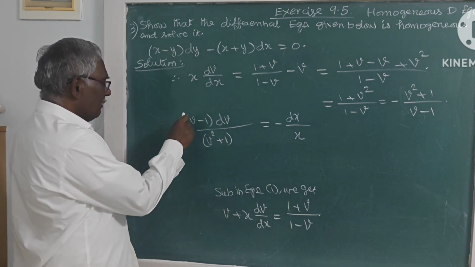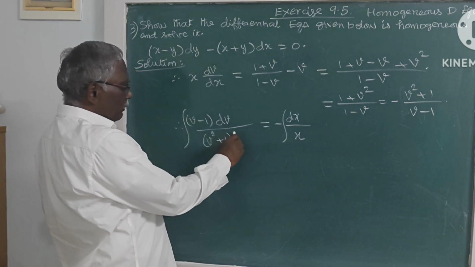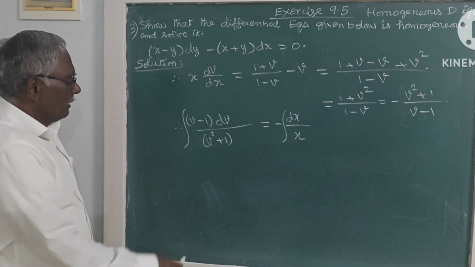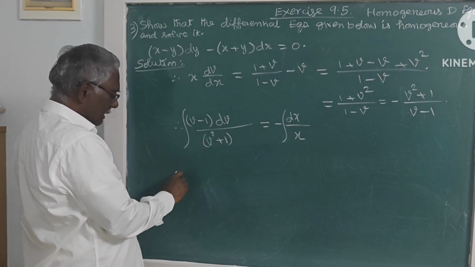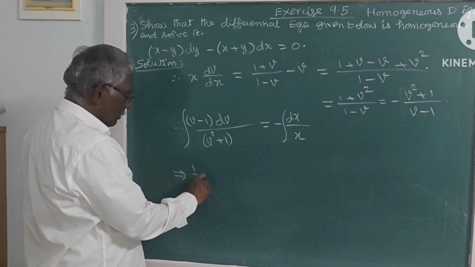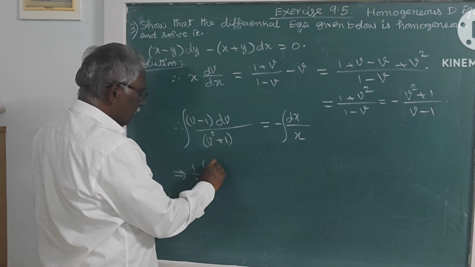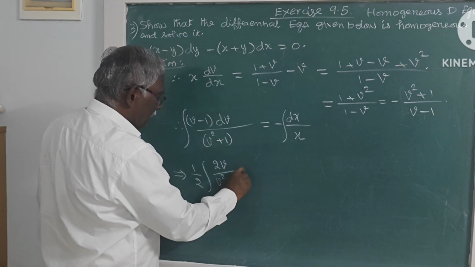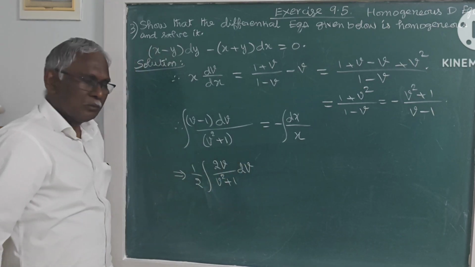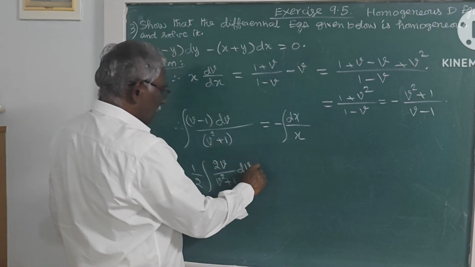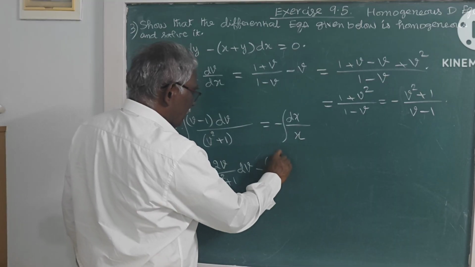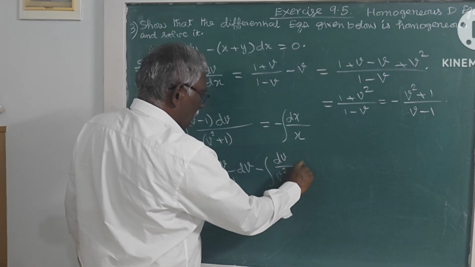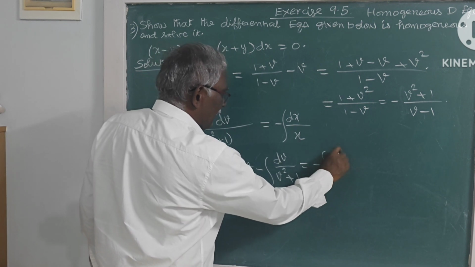So on integrating we get, if we differentiate v square plus 1, what comes? 2v plus 0. So we can write this as half times integral 2v by v square plus 1 dv minus integral dv by v square plus 1 is equal to minus integral dx by x.